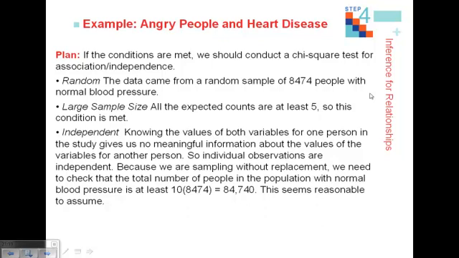Okay, and the only other question we didn't ask is, did we get the sample randomly? So is there a lack of bias? They say it is a random sample. And on the independence, I'm simply going to ask, do we think that there's at least 84,000 people out there that we could be checking for heart disease and anger?